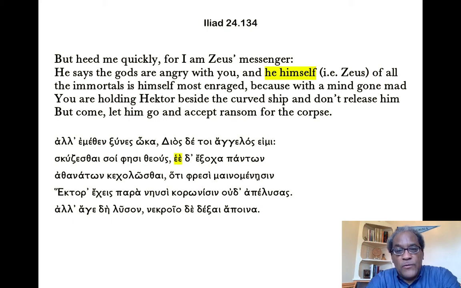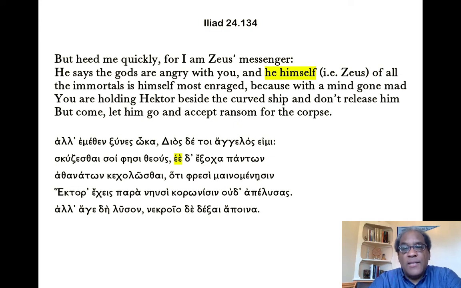Now, I knew that was curved ships. It wouldn't have been singular. So, in that second from the last line, Hector ekes para neuse koronesen ud apelusas. And notice that the Iliad in Book 24 is concerned with the same type of situation. Just someone who, because they're a little out of their mind, well, Achilles is very much out of his mind, refuses to accept what should be acceptable, customarily appropriate ransom, in this case for the body of Hector.